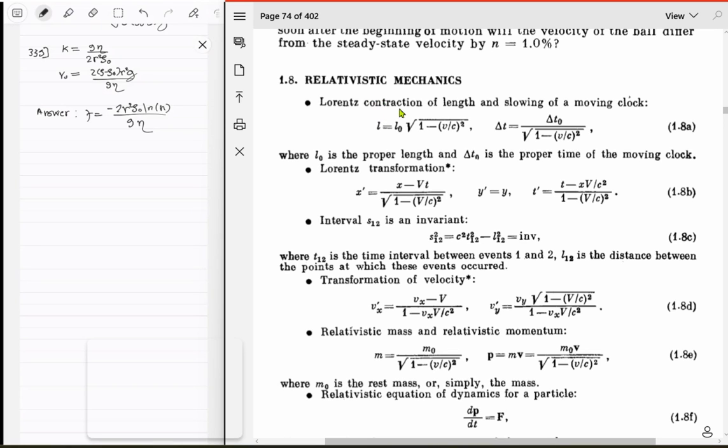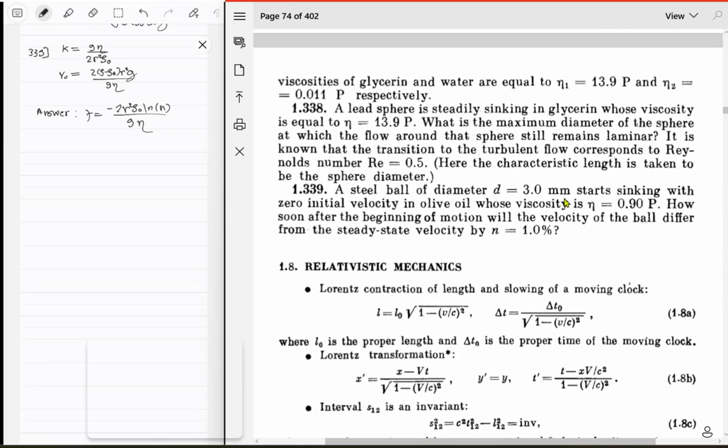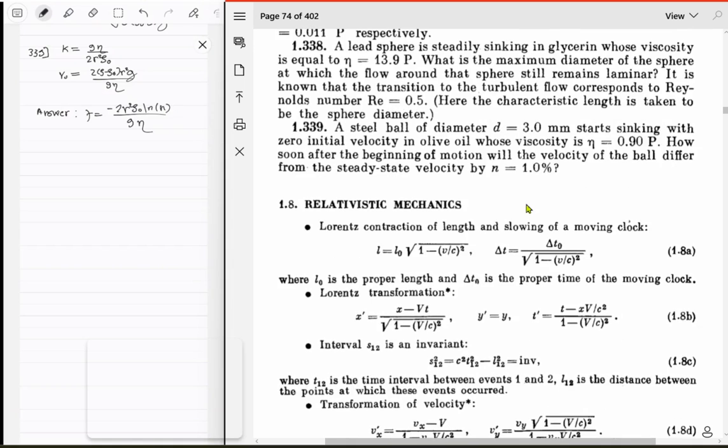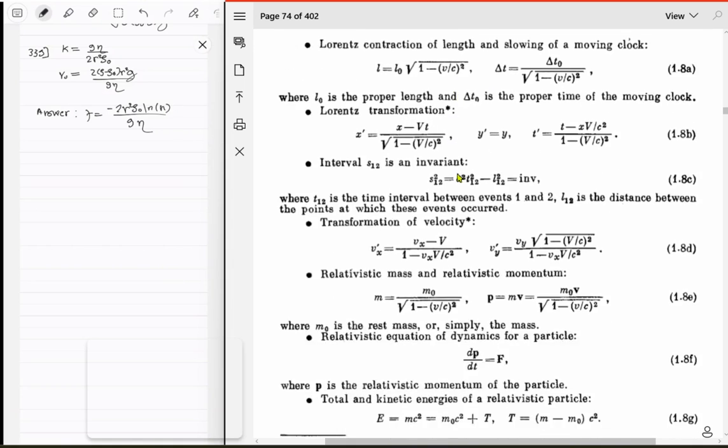Relativistic mechanics. Look, I won't benefit from it. That's why I won't do it. I might do it after a month or so because I have an upcoming exam, and that's why I'm doing this whole book, because I might benefit from it. But something like this, I won't.